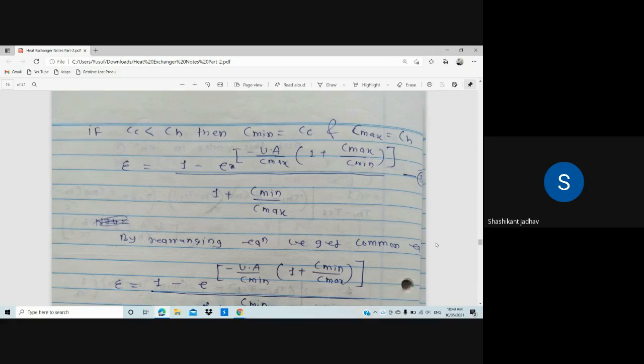Okay, so now we have to write down the equation by replacing the, instead of CC we have to write down the C minimum and instead of CH we have to write down the C max.